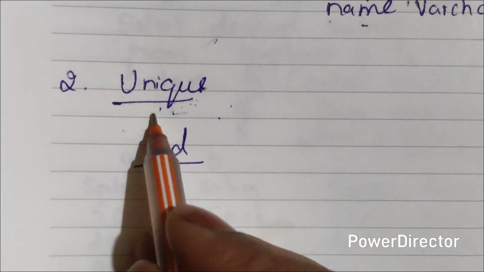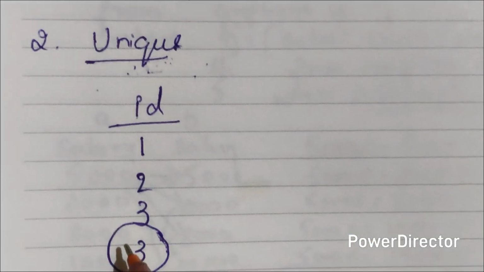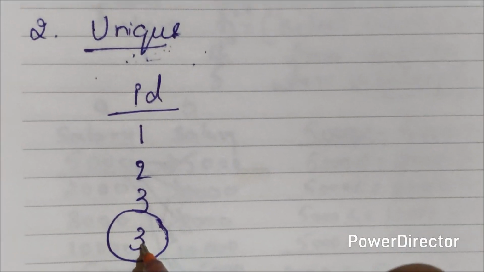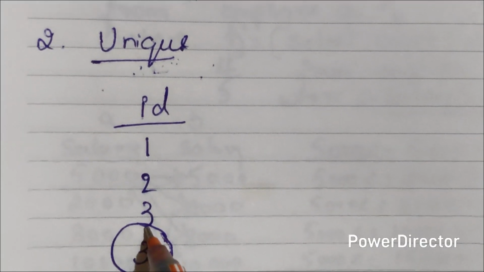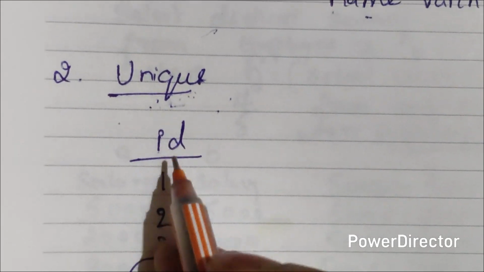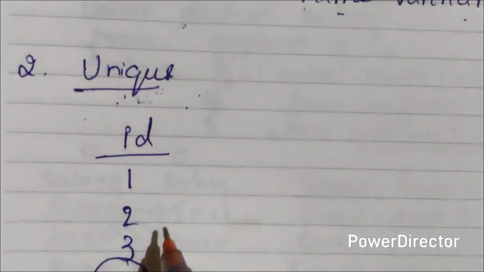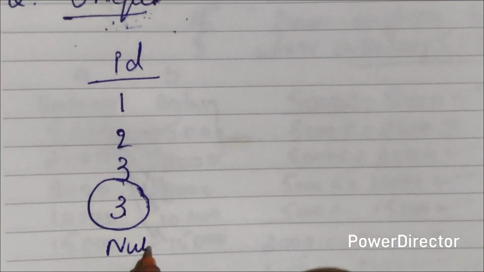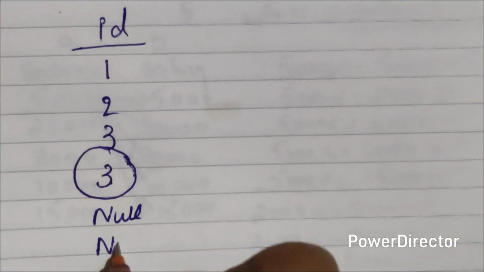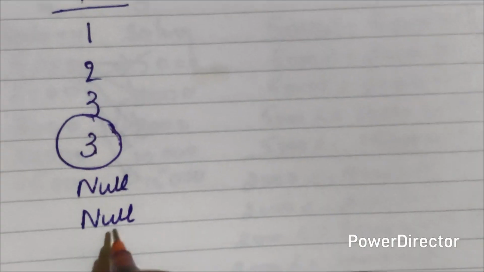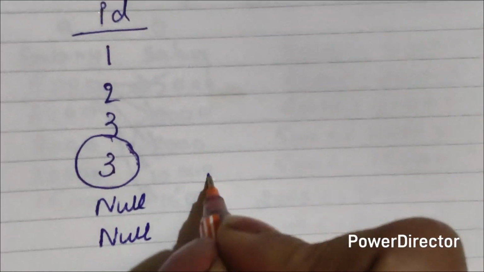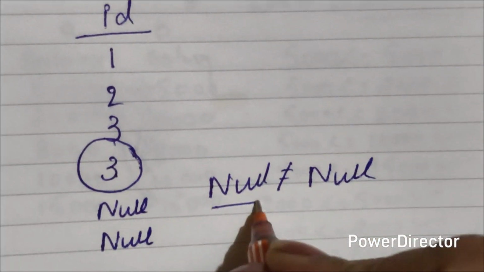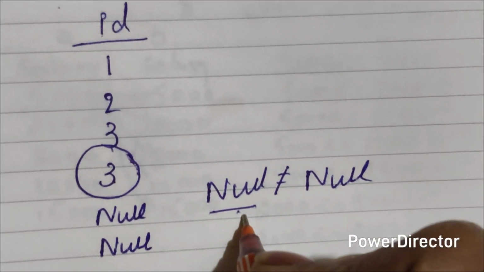So the unique constraint checks for duplicate values. If you insert any duplicate value, it will throw an error message. A unique column can have multiple null values. If you are giving null values, this is correct because null is not equal to null. Null is neither a zero nor a blank space.